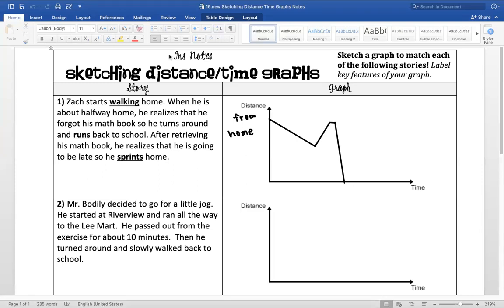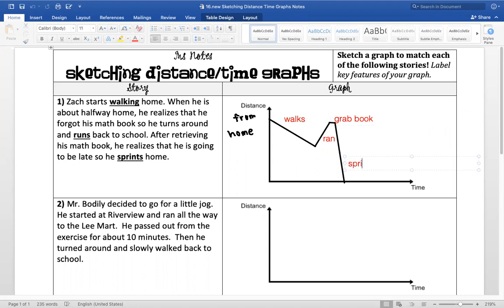So when we go to make ourselves some notes here, I'm going to say walks for this first one. So Zach walked there. What else did Zach do? Well, he ran. And then up here, he stopped to grab his book. And then what's this last thing?